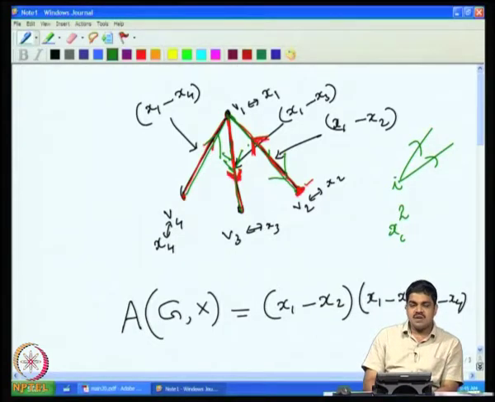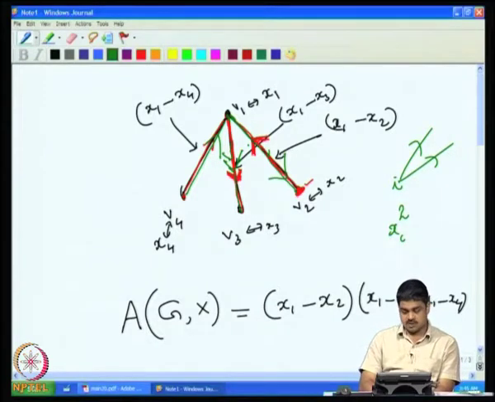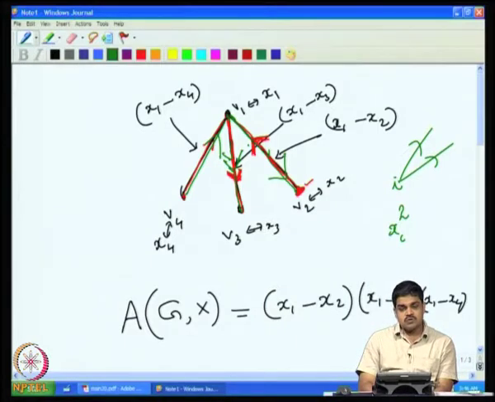So, finally, even if you do the cancellations, the expansion may not have all the 2 raised to m terms. Some of the terms may be lost. It is also possible that in some cases they may add up and make a term like 2 times x1 x2 x3. So, it is important to understand that these terms also have signs.